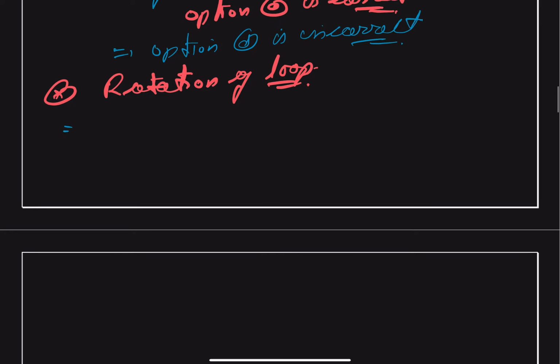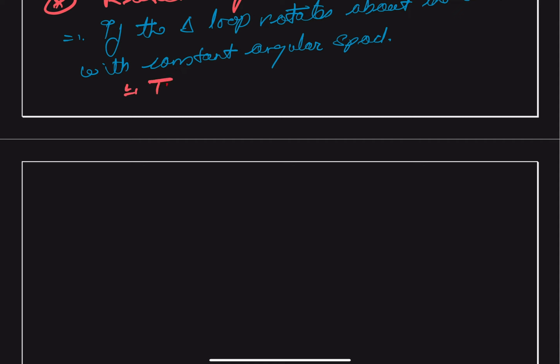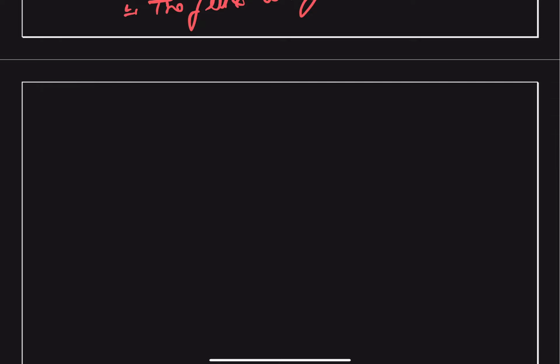So from here we can say that if the triangular loop rotates about the wire with constant angular speed, the flux linkages do not necessarily change periodically.